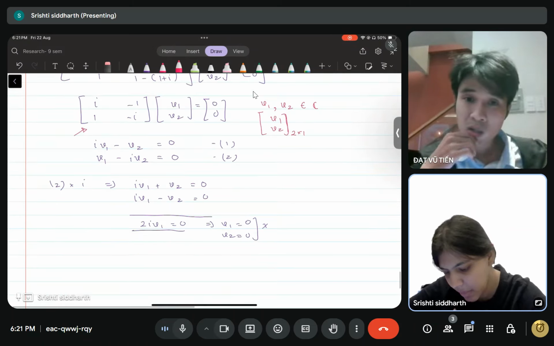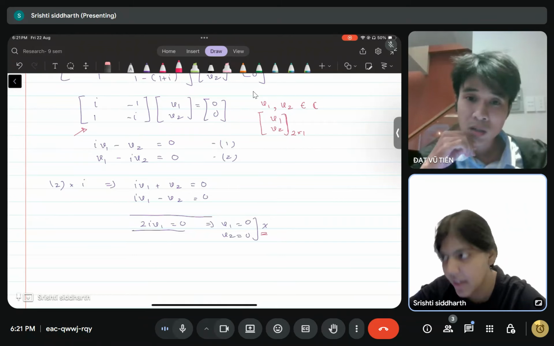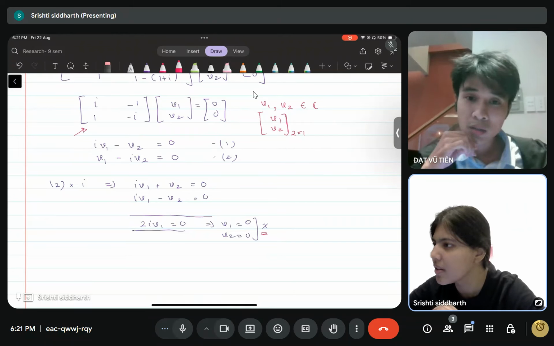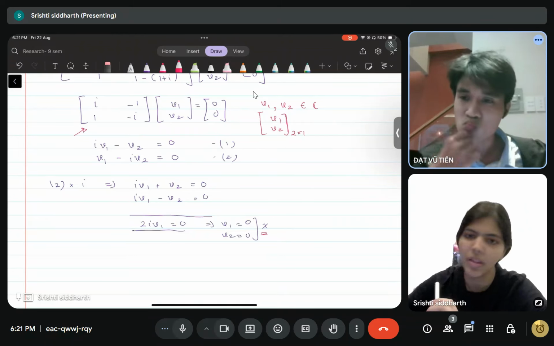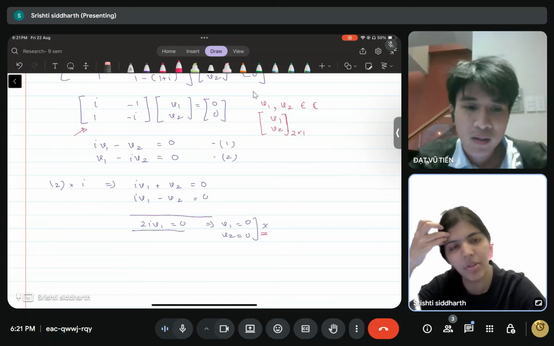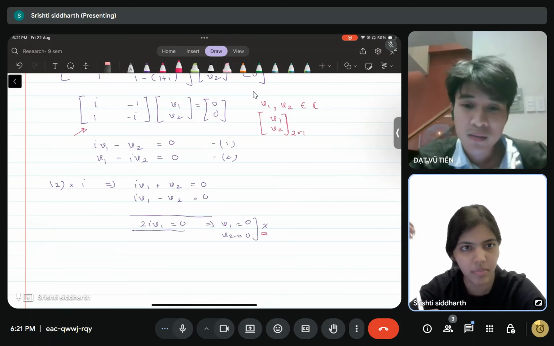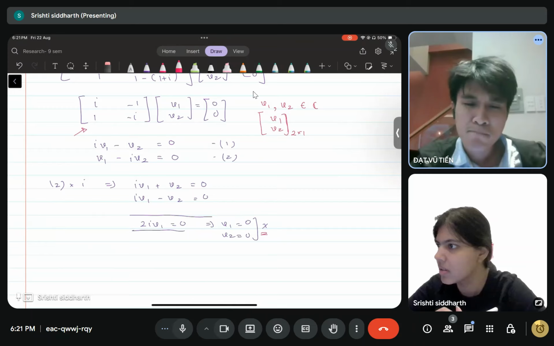It's like we have with real eigenvalues, right? It's some constants times some vectors, so you can have multiple eigenvectors.